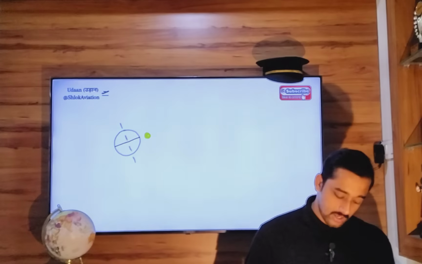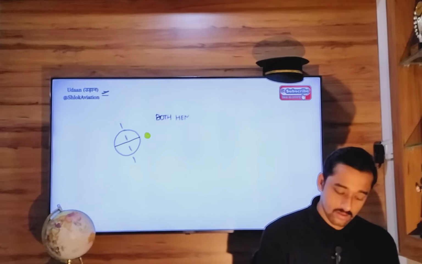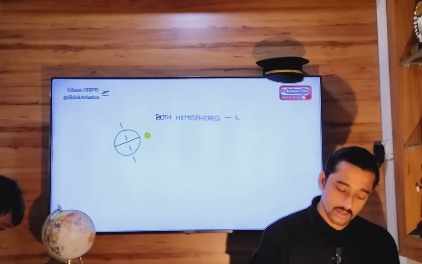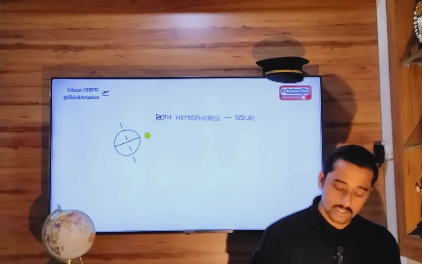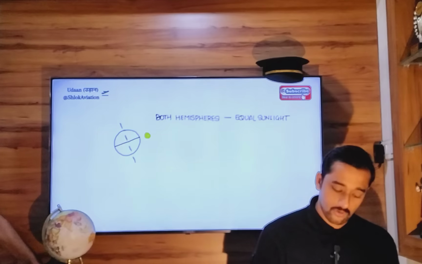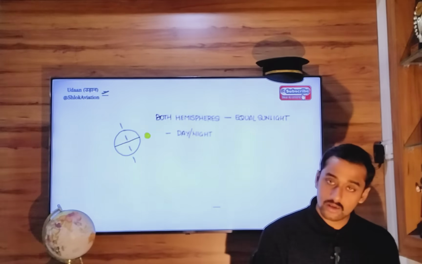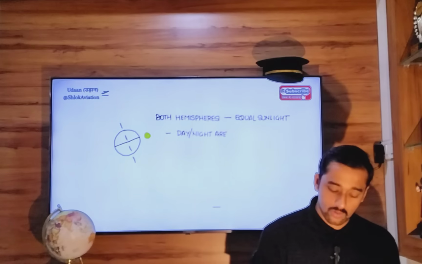So both hemispheres receive equal amount of sunlight. Therefore, the duration of day and night are equal.